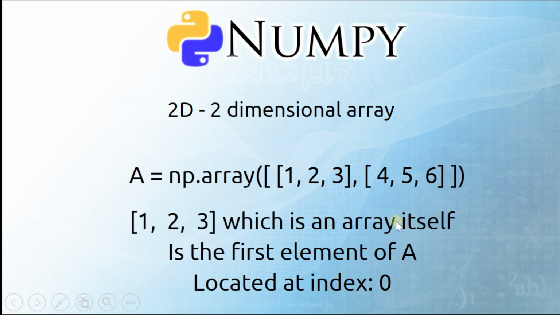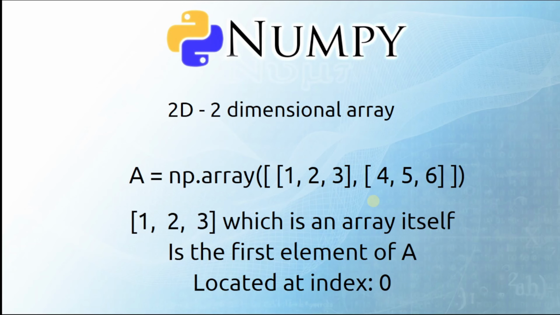Now, for two-dimensional arrays, you have A equals np.array 1, 2, 3, 4, 5, 6. What we have here is actually two main elements. Each one of the elements is an actual vector or array itself. So you have two arrays being two elements within another array, or an array within an array, which will give you something like a matrix, okay?